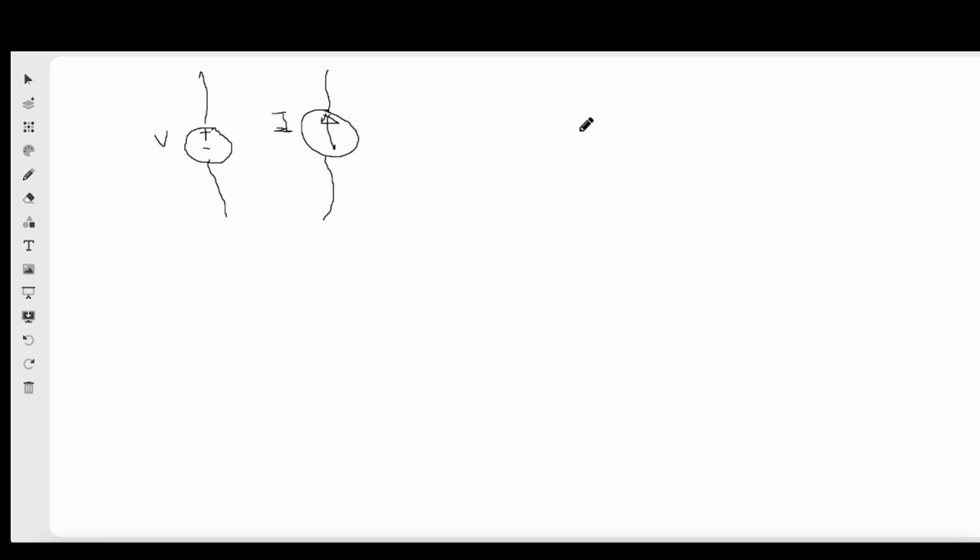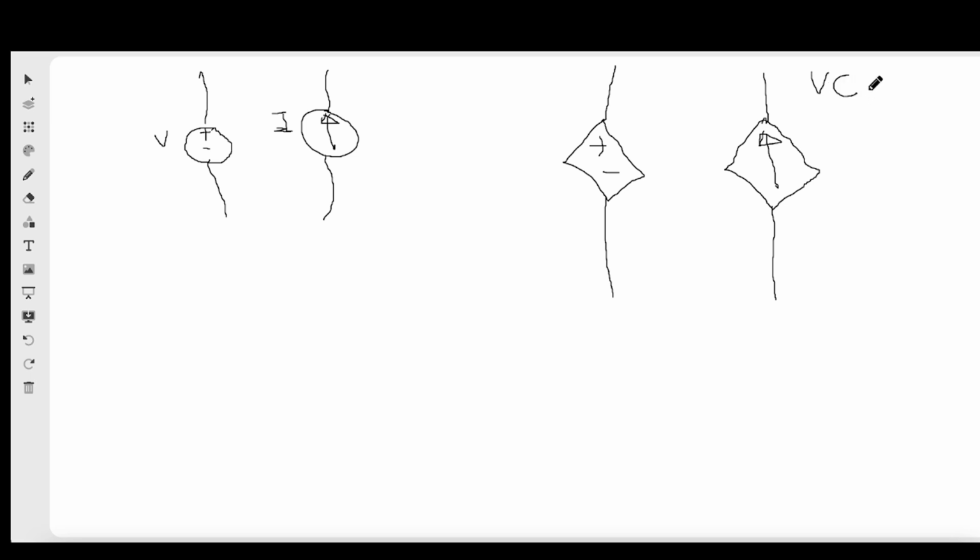But we also have dependent sources. Dependent sources have the diamond shape. So if it is a voltage source and if it is a current source, what do they depend on? They either depend on voltage or current, right? So this is a current source. If it depends on voltage, you will say that it's a voltage controlled current source, right?